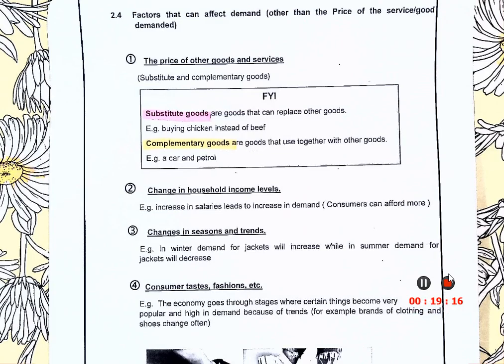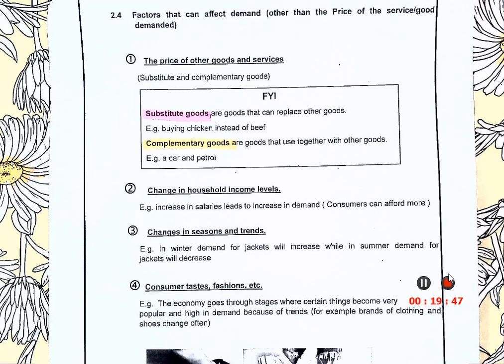Then we also talked about household income levels. Now, can you see your mom got an increase? Are you still going to eat chicken every Monday, Tuesday, Wednesday? No, suddenly you're also going to eat some beef. She'll be able to afford mutton chops, because they are very expensive.